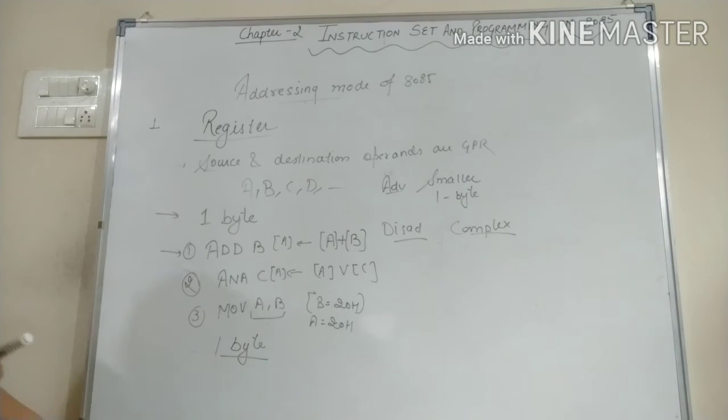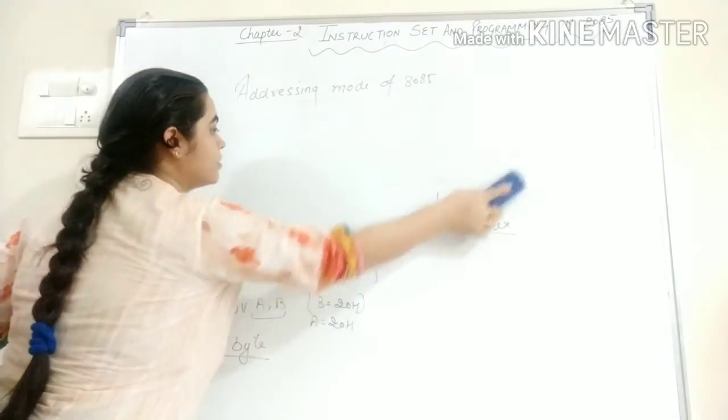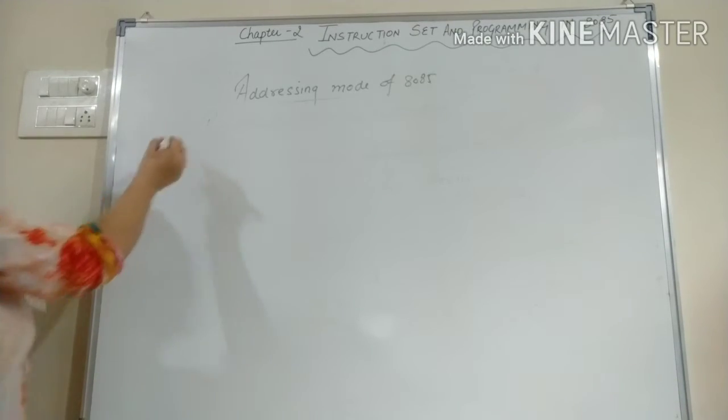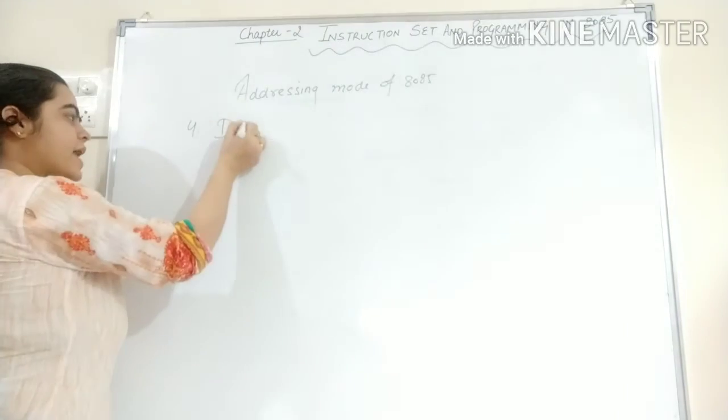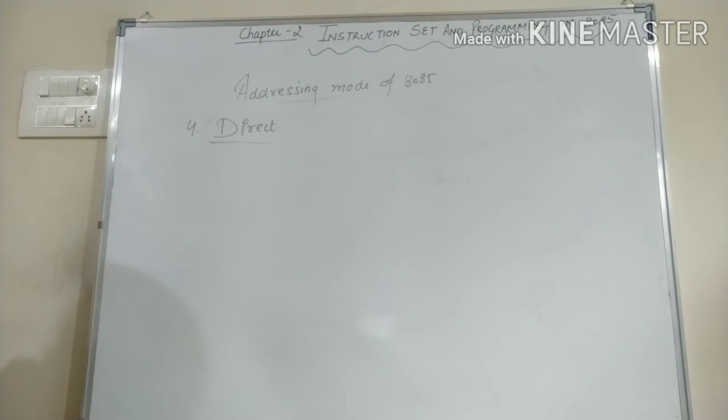So students, this is the third category. Now we can see the fourth type of addressing mode of 8085, which is direct addressing mode. Direct addressing mode means the address is specified in the instruction.